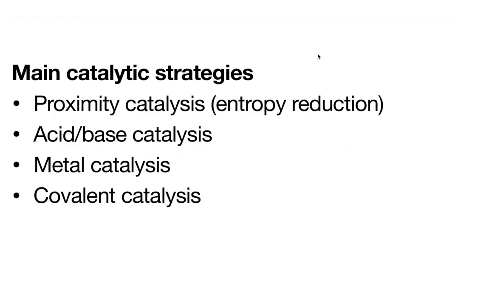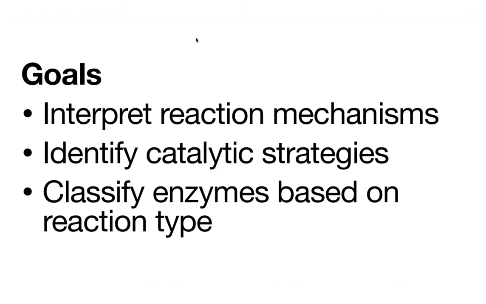We also had, with some enzymes, our metal catalysis, where we had a metal ion that was helping stabilize negative charges and serving as that central coordinating hub, maybe making things more electrophilic. And then we had our covalent catalysis, where the enzymes could make a covalent intermediate linked onto the substrate or part of the substrate. We saw that enzymes could mix and match these strategies, but did so in order to carry out a distinct set of different types of reactions.